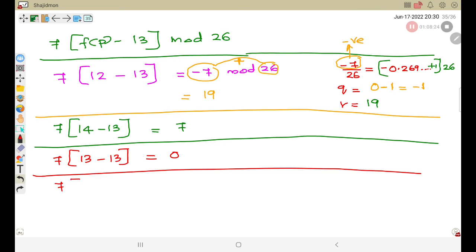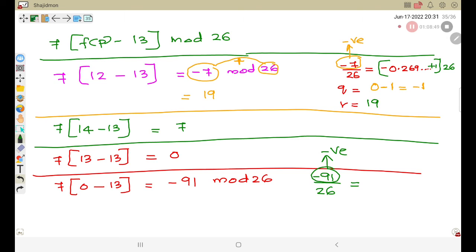So 7 multiply 0 minus 13, correct? 0 minus 13 means minus 13. So minus 91. So we need to take mod 26. No need to use the shortcut because here it is a bigger number. So minus 91 divided by 26, and be careful, minus 91 is a negative number, keep that in your mind. What is that number? It is minus 3.5.